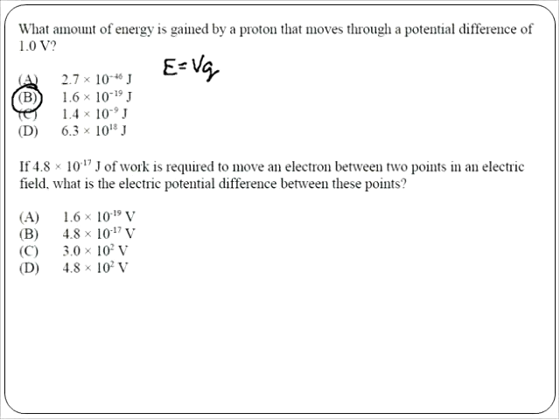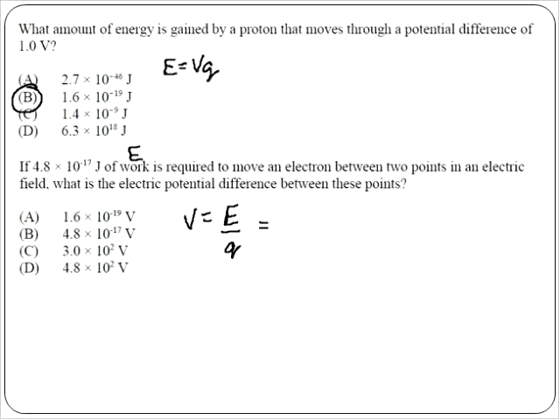Okay, and the last one, definition, V equals E over Q. We're given the E because we're given work, right? Work and energy, same thing. So we know the energy, and because it's an electron, we know the charge. All we have to do is divide.